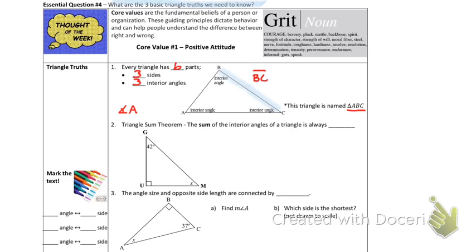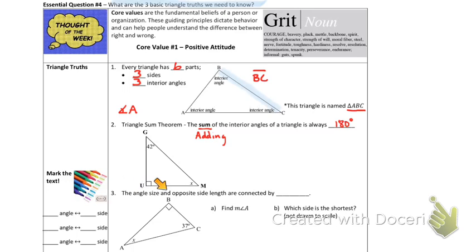Triangle sum theorem. If you forgot, the word sum just means adding. The triangle sum theorem says we add up all the interior angles, and they will always equal 180 degrees. So if I was using this example here in example 2, and I needed to solve for angle X, notice how X is inside, therefore it's an angle.